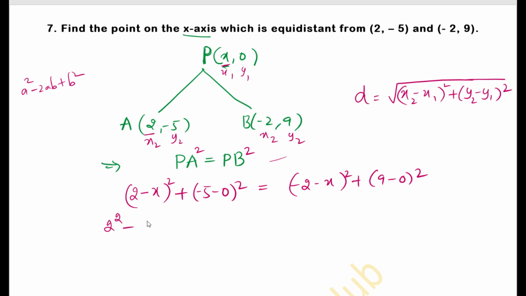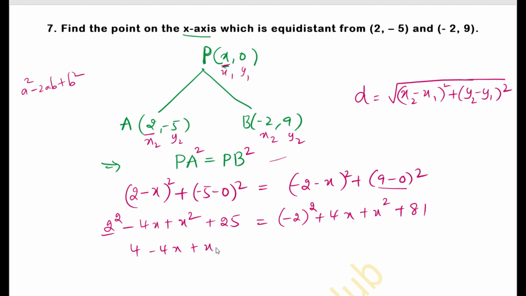So we get 2 square minus 2 into x is 4x plus x square, plus minus 5 minus 0 is minus 5 whole square, we get 25, which is equal to, again by applying the a minus b whole square formula, minus 2 square plus 4x plus x square plus 9 minus 0 is 9, square is 81. 2 square is 4 minus 4x plus x square plus 25, which is equal to minus 2 square is 4 plus 4x plus x square plus 81.